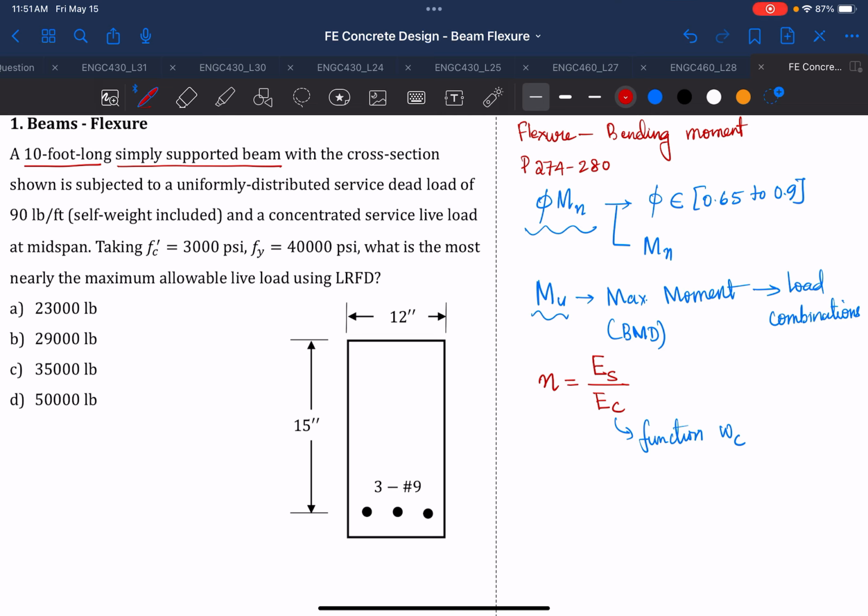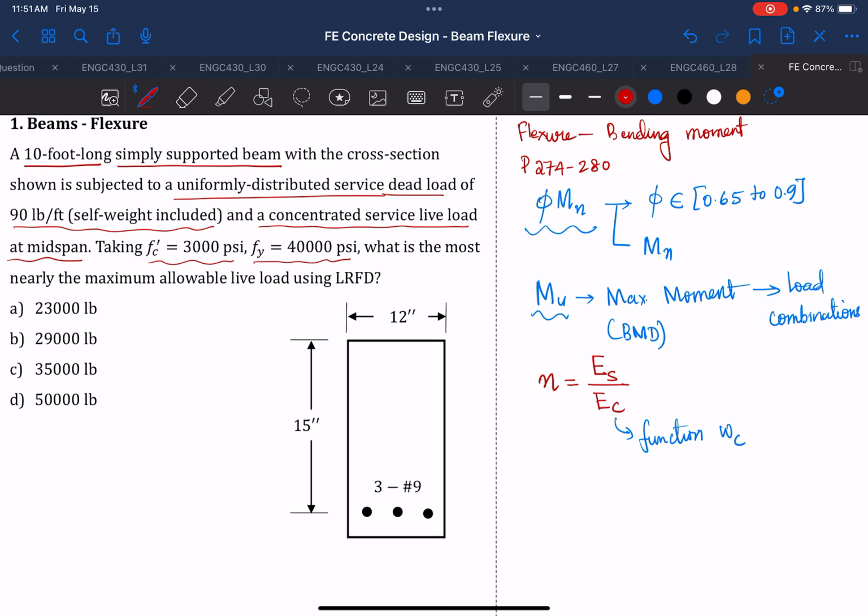So, a 10 feet long simply supported beam with the cross section shown is subjected to a uniformly distributed dead load of 90 pounds per foot, self weight included, and a concentrated live load at mid-span. Taking the concrete compressive strength as 3000 psi and the yield strength of steel as 40,000 psi, what is the most nearly maximum allowable live load using LRFD, which is load and resistance factor design?